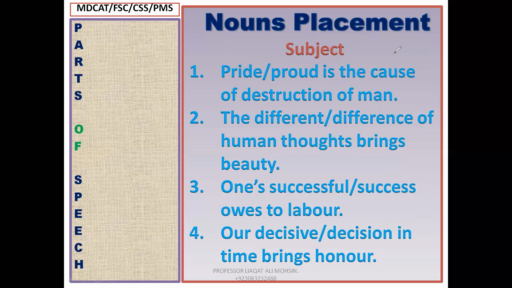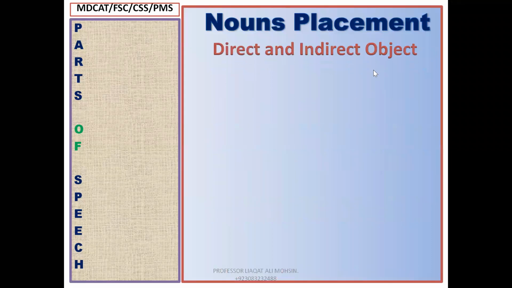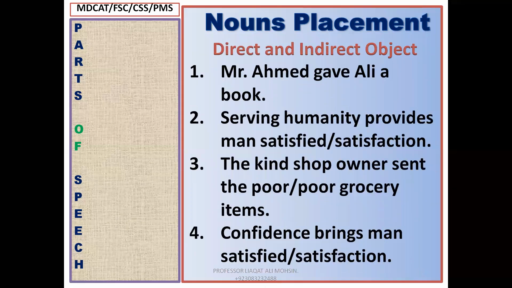Another function of nouns is direct and indirect object. It means the primary function is object, and object can be divided into two types. One is the direct and the other is the indirect object. Now see, when we are talking about an object, it is the receiver of an action.